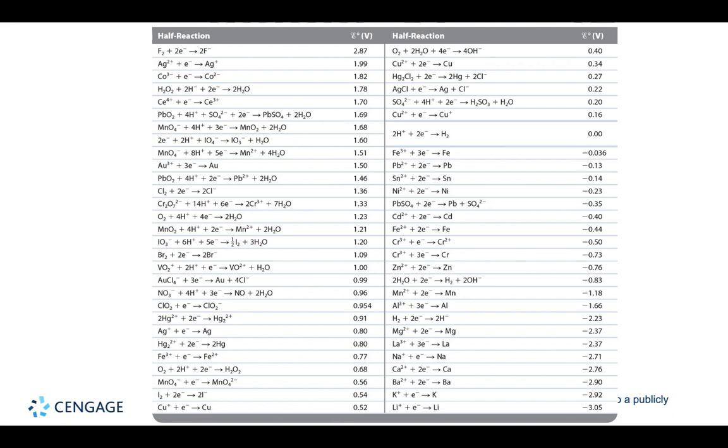Right now, listen closely. The cathode needs to be the number with the higher voltage. If we look at these E0 values, we notice that they start at 2.87 for the F2 plus 2 electrons yield 2 F minus, and go all the way down to negative 3.05 for the lithium plus 1 plus electron makes lithium. So think of it like a number line that runs from positive 2.87 to negative 3.05.